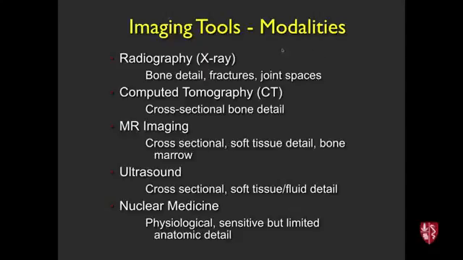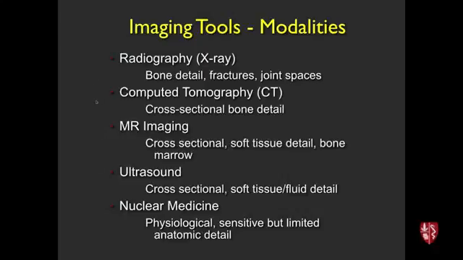The tools of the trade. So radiography or X-ray, I'll go through these in more detail: bone detail, fractures, the spaces between joints. CT is cross-sectional X-ray, good for bone detail, not so good for soft tissues. MR, great for cross-sectional imaging, soft tissue detail, fluid, bone marrow, all kinds of things. So the main two things we use in my practice are radiography and MR imaging.